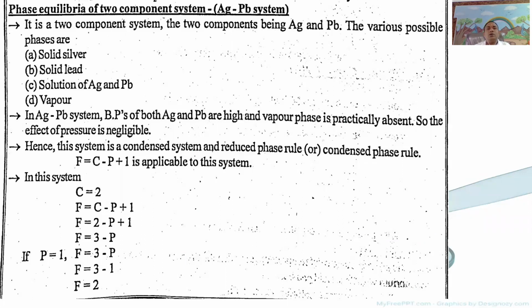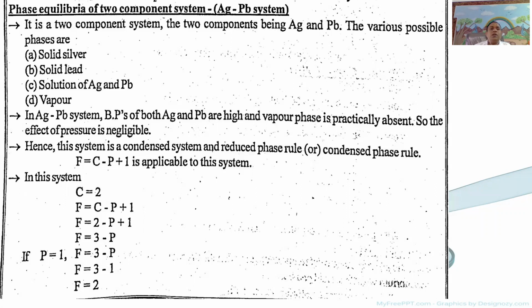The silver lead system consists of 4 phases. Here they are solid silver, solid lead, liquid silver lead and vapor phase.